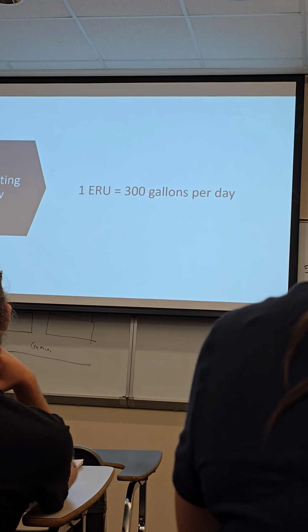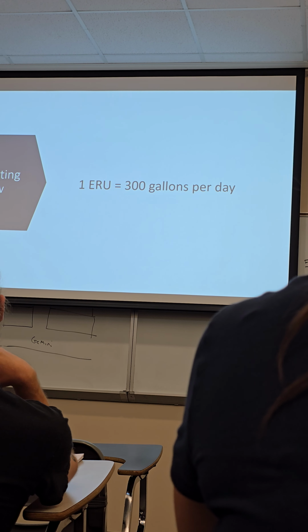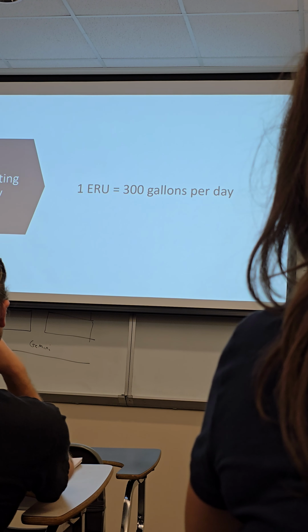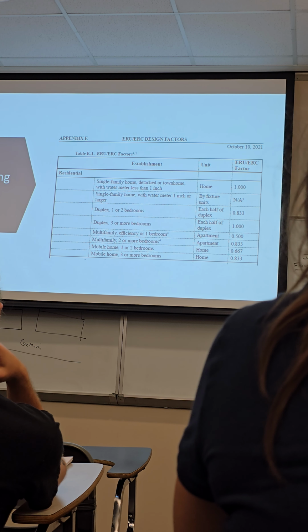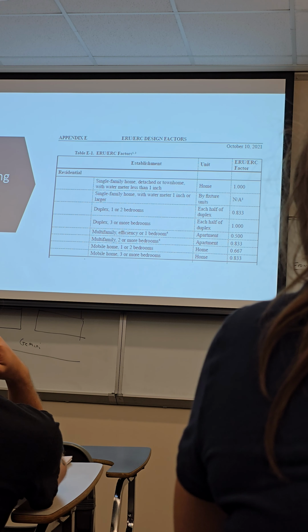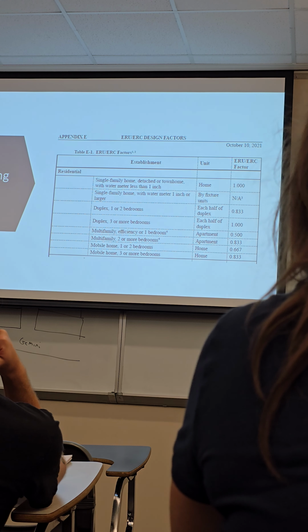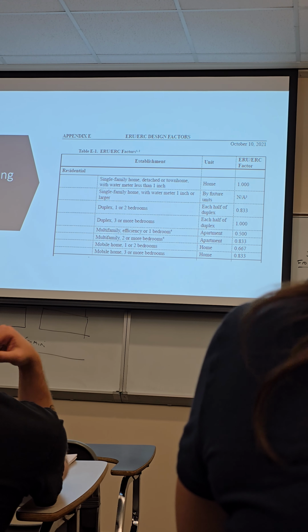So in Orange County, an ERU is 300 gallons per day. Sometimes it's higher, sometimes it's lower, but that's sort of the average. And then the ERU factor is just a factor you apply if you have a development that's not a single-family residential unit. Because we're looking at single-family residential, that factor is 1.